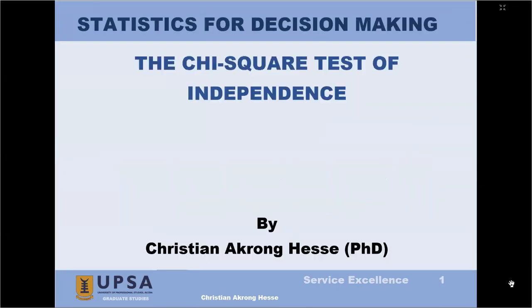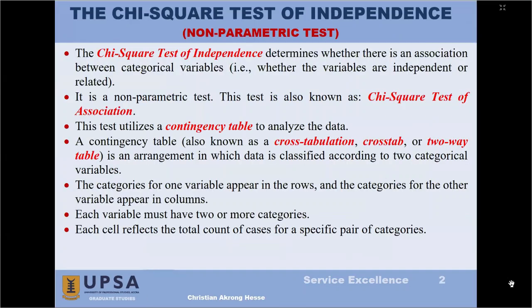This is chapter 8. We are looking at the chi-square test of independence. The chi-square test of independence determines whether there is an association or correlation between two categorical variables. It is a non-parametric test, also known as the chi-square test of association.